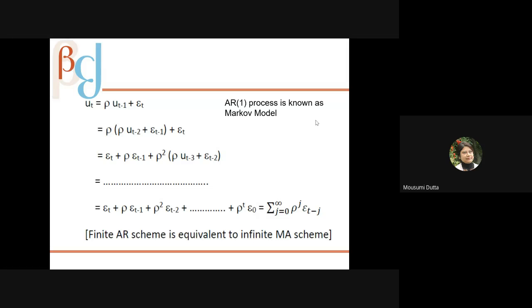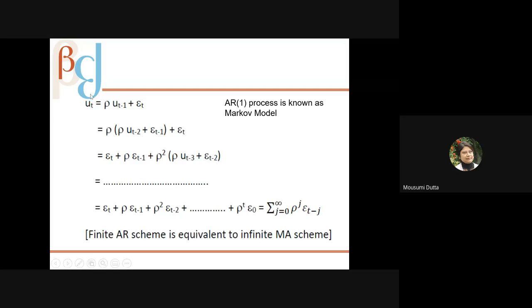Already I told you about the AR1 process, which is equivalent to MA infinity, moving average infinity. Because the simple AR1 process can also be presented as the summation j equal to 0 to infinity rho to the power j epsilon t minus j. So the equivalence I already discussed, you have to keep as a note, because when I try to prove that beta hat OLS is an unbiased estimator, or find the variance, I need this.